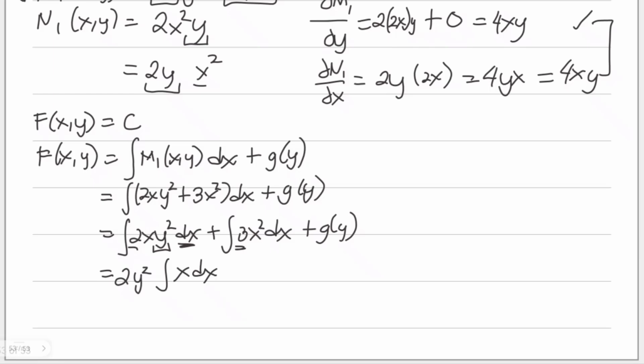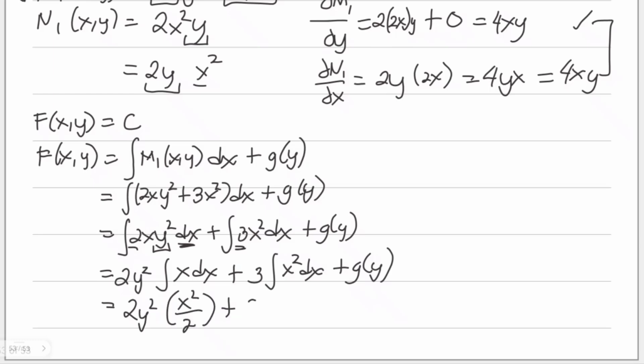And you can also take this out plus 3 integral of x squared dx plus g of y. So we have here 2y squared times the integral. That's x squared over 2 plus 3. This is actually x cubed over 3, okay, times that plus g of y. This will be cancelled in that.